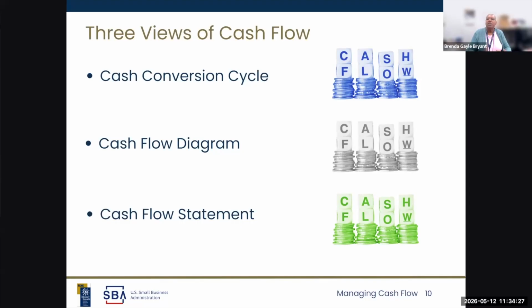So we're always going to be looking at how money comes in, and then how we use the money that goes out. We look at three different things: the cash conversion cycle, cash flow, and the actual paperwork, the cash flow statement, that says this is how money is actually being used.